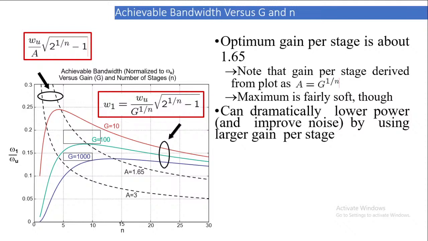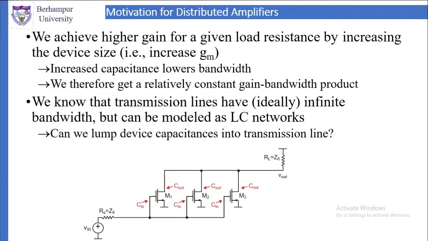That will give you G is equal to 1000. So we can dramatically lower the power and improve the noise by using larger gain per stage. So this motivates us to use distributed amplifiers or cascaded amplifiers, whatever you say.